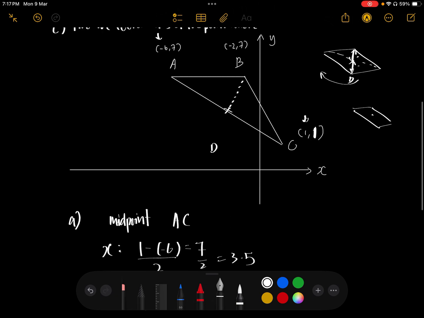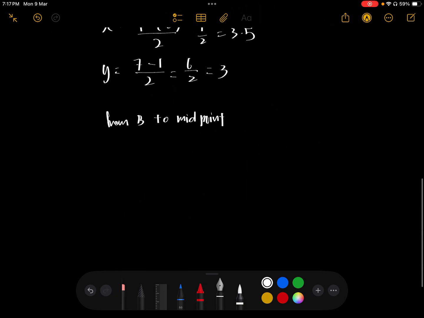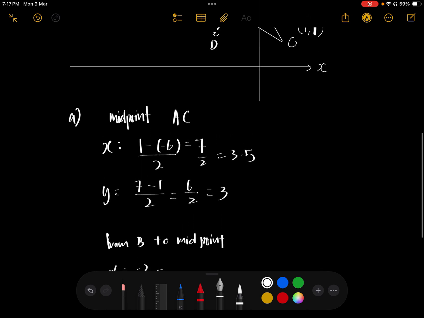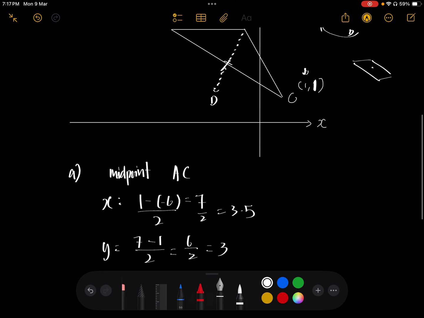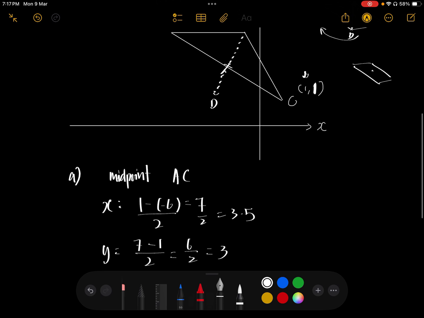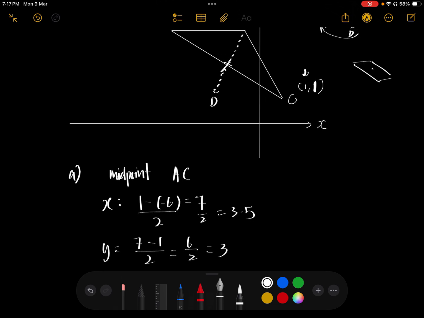Because we want to find the distance, this is an absolute value.